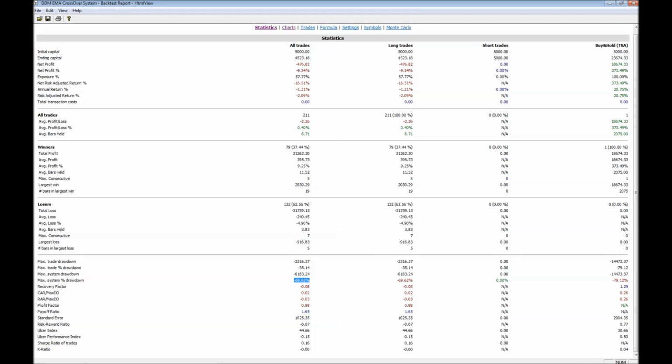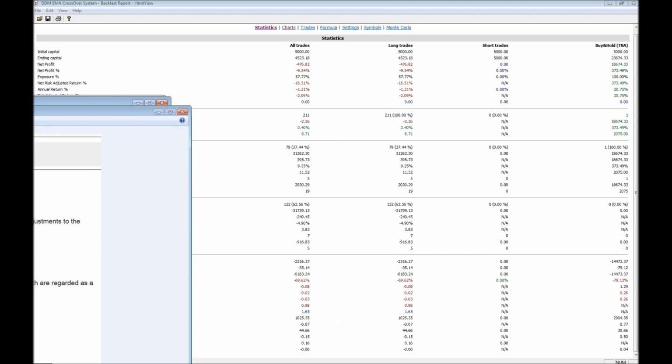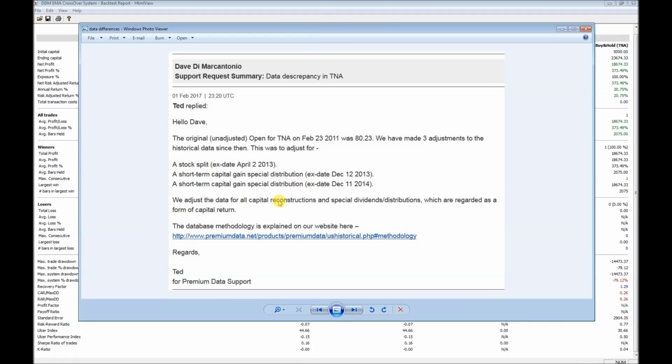Now, I think now is a good time to segue into this discussion, because my data was a little bit different than Sam's data. So I sent an email to support for my data vendor, and you can grab a screen capture of this, have a look at it and do a little bit more research. Basically, what Ted from Premium Data was telling me was that the open price on a specific date that we had a discrepancy, which I had pointed out, February the 23rd, 2011, was actually trading at $80.23.